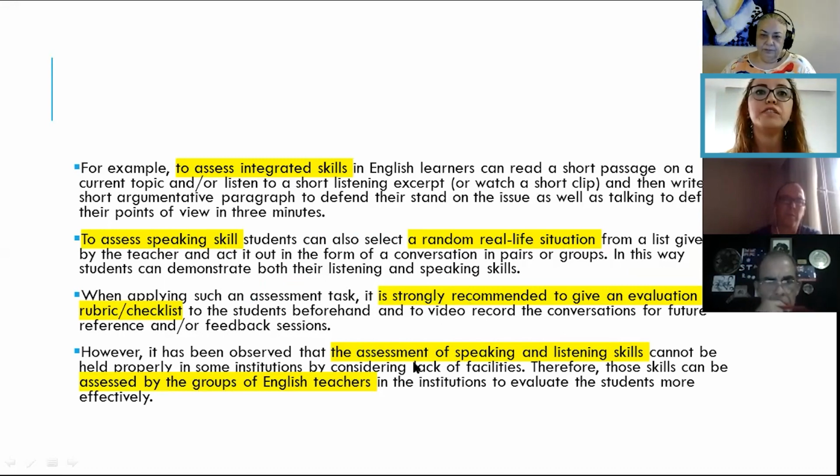It is strongly recommended. And if the schools don't have the facilities to carry out the assessment of listening and speaking skills, groups of teachers can do it on their own together.